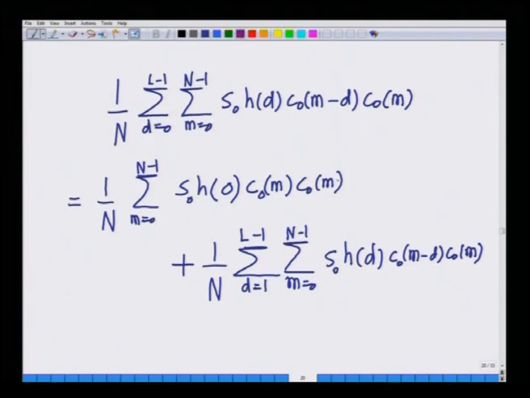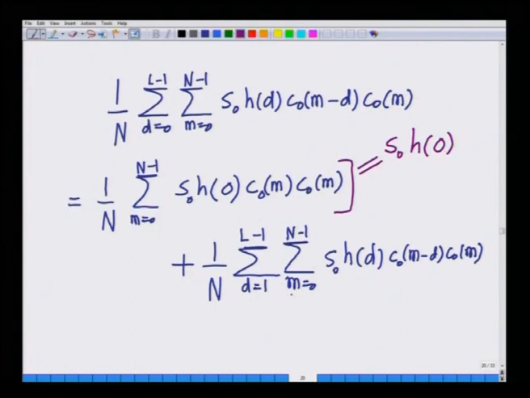In the first term I have C 0 m times C 0 m, that is C 0 m square. Each chip is plus or minus 1, hence C 0 square is 1, so this is simply summation S 0 h of 0 over m equals 0 to n minus 1 of 1, which is n. So, n over n is 1, hence this term is nothing but S 0 into h of 0.